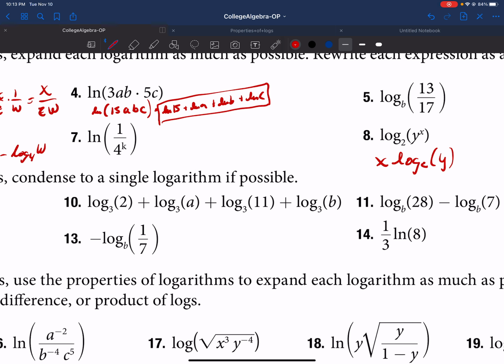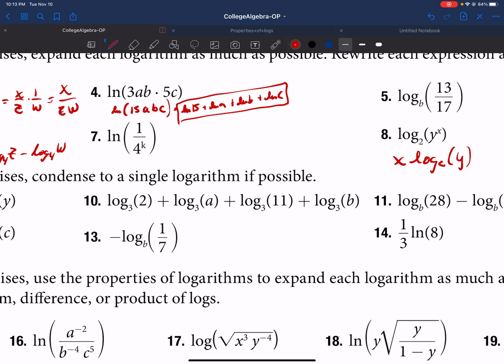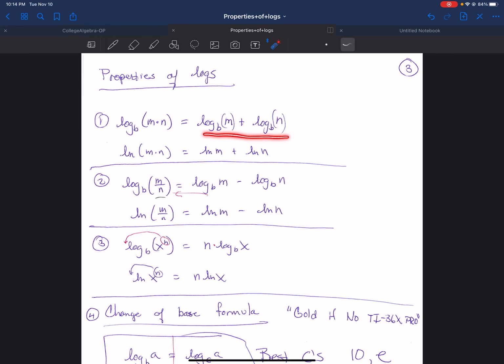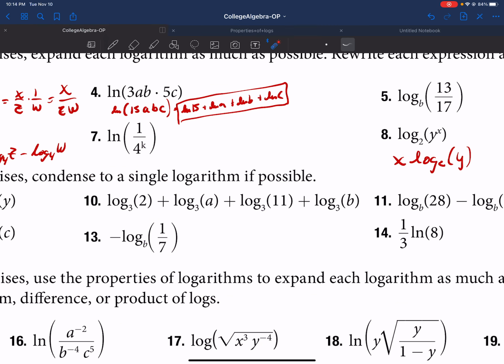And so in problem 10, if you look, I have nothing but a bunch of sums. And in the properties of logs, when you have stuff added together, it becomes a product within the log. If I did it real slow, here's what it would be: log base 3 of 2a plus log base 3 of 11 plus log base 3 of b.